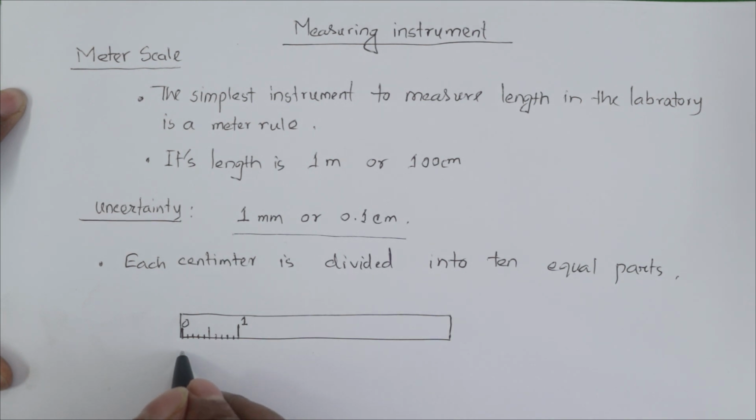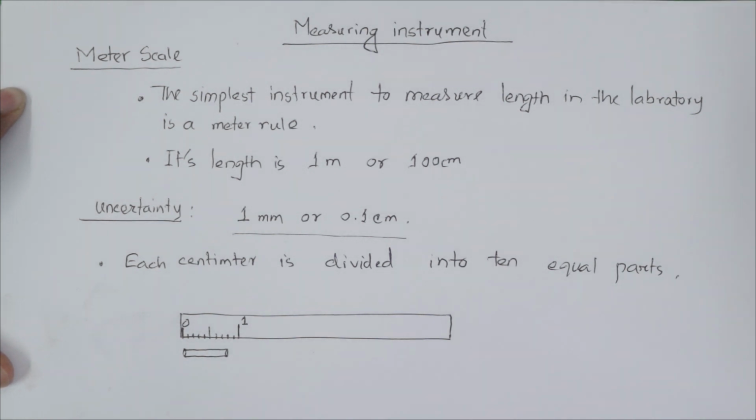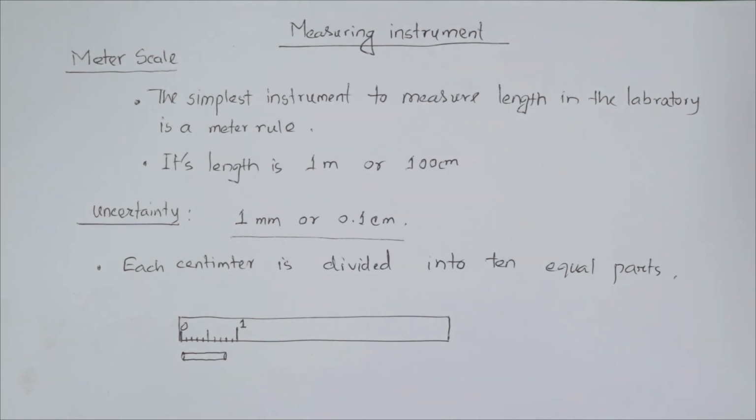Say we want to measure the length of this rod. The reading of the mark that coincides with the other end of the rod is taken. The difference between the readings at the two ends of the rod gives the length of the rod.